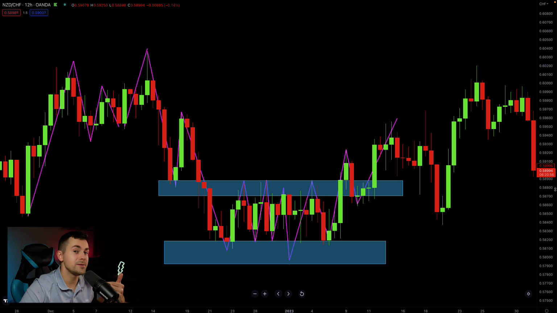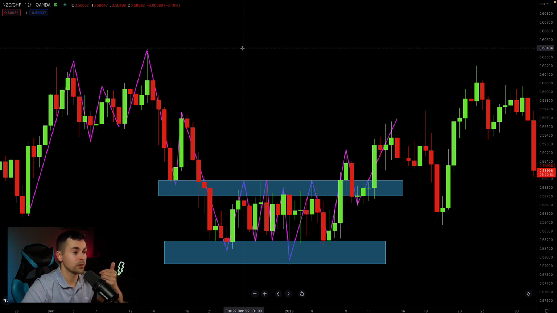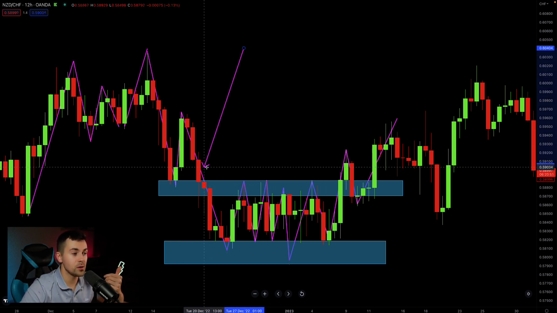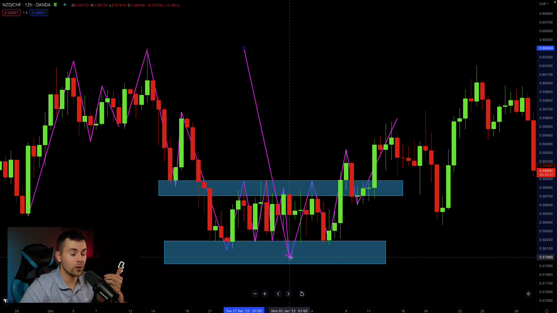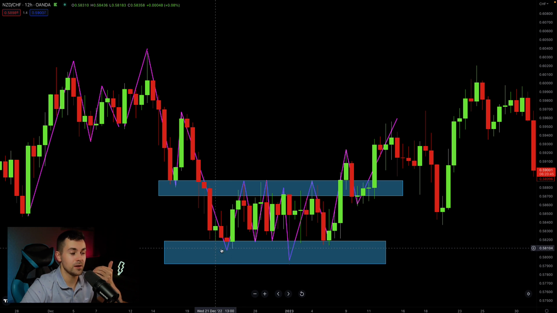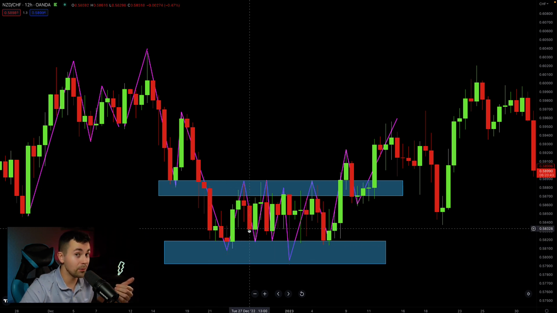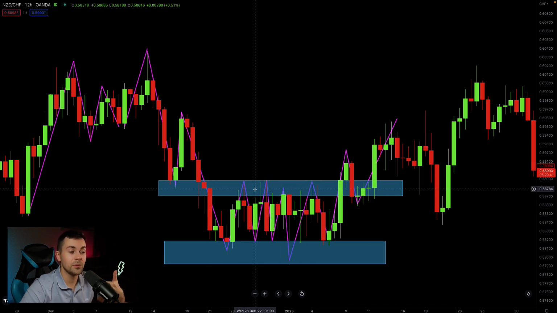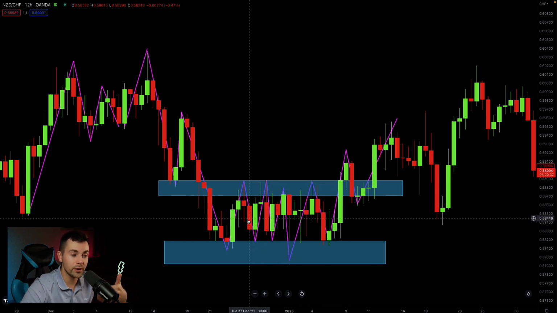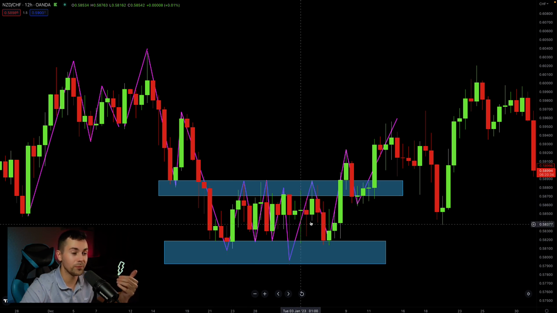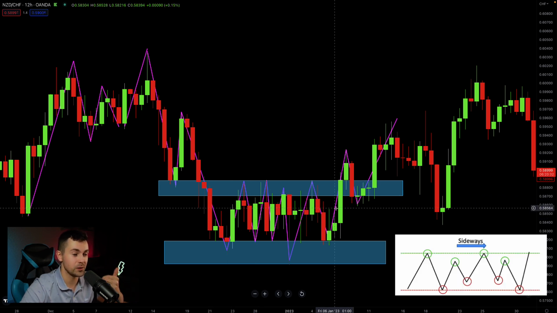Take a look at the price action here on the New Zealand Swiss pair. We were trading in a strong bearish trend, but once that structure level was reached, we started to coil. You can see that the price formed a double bottom first, but then it didn't manage to violate its neckline and it kept coiling, and the price formed a horizontal range, a decision range.